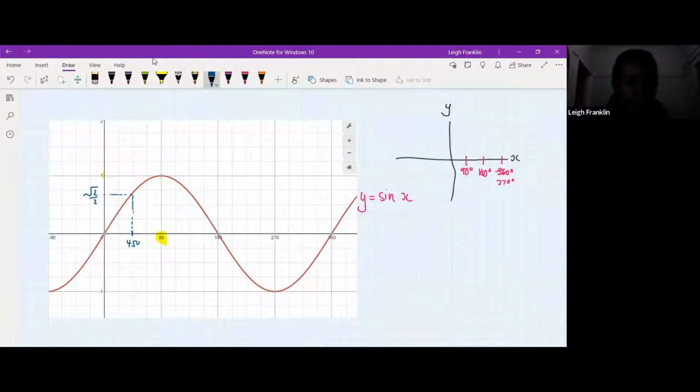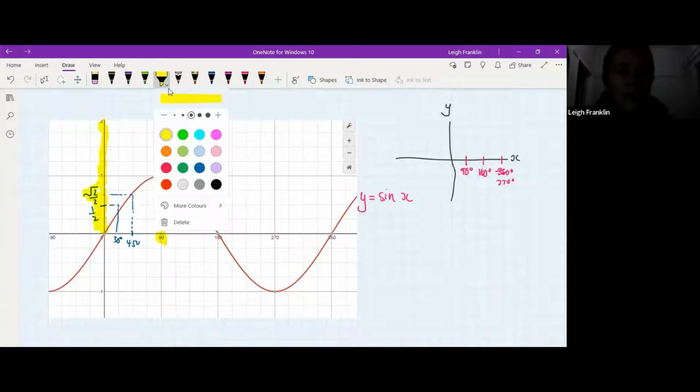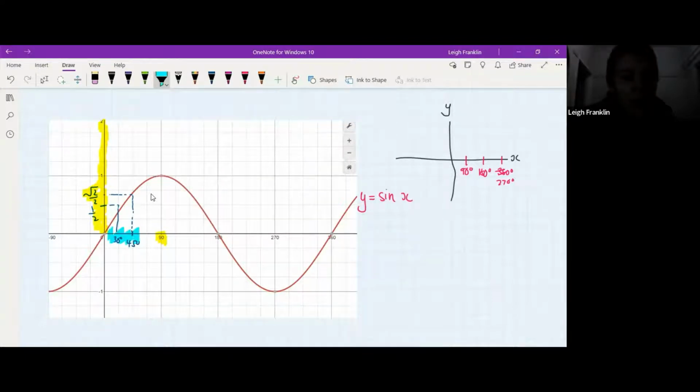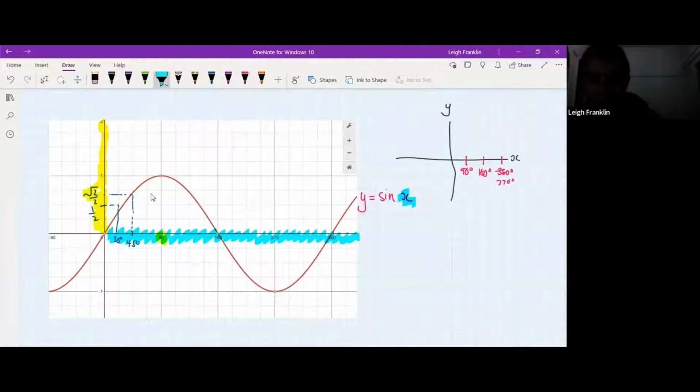Or if we have the sine of 30 degrees, that's going to be a half. So these values here on the y-axis are our outputs. These are our ratios. Over here, what goes in, these are our angles. These are our inputs. And that's how we have a graph from a trigonometric function. Here's the input, and over here on the left-hand side, this is your output.